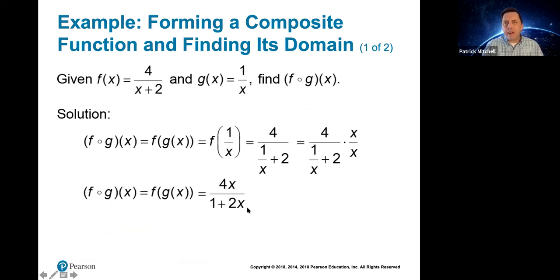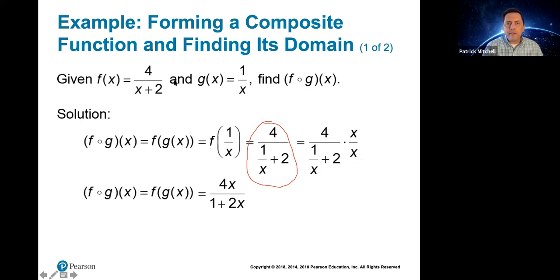Now, it might not be quite as clear, why do you have to also leave out x equals 0? And that's because the actual function is this one here. So you can see why you can't plug 0 into that function. It gets lost when you simplify it by multiplying the top and the bottom by x.